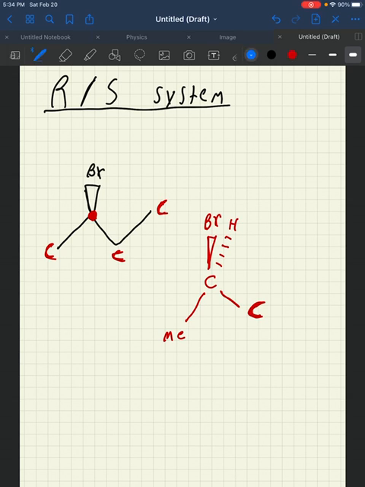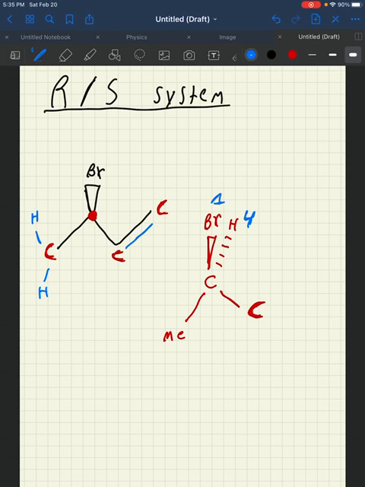Well, calm down, because this carbon is bonded directly to a hydrogen, and this carbon is bonded directly to another carbon. So we know from that chart that we can always mark off hydrogen as number 4 priority. Bromine is going to be number 1 because of atomic weight directly attached to bromine.